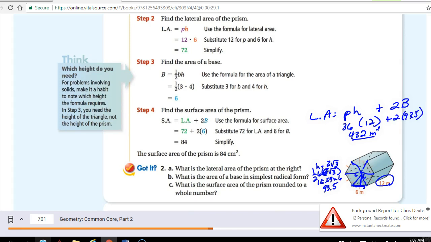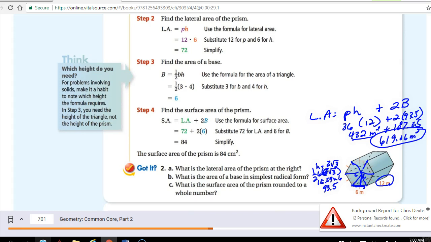And 2 times 93.5 is 187.05. I left a few more numbers in there when I was leaving it in the calculator. And then when you add that together, that's roughly 619.06 square meters.